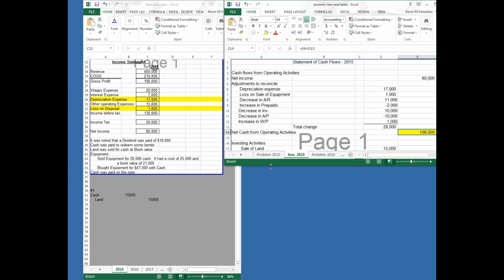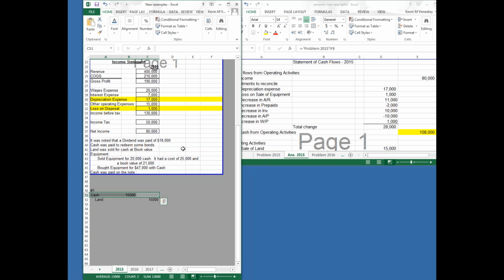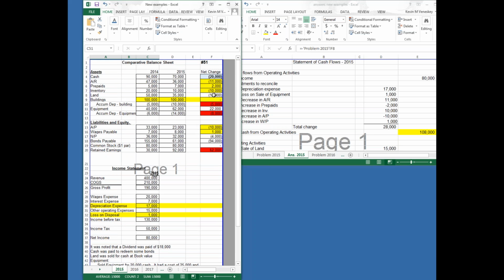So I would say a sale of land, and I need to show that I got and received money, $15,000 positive. So this one is now explained. It wasn't that hard. We only had one thing happen.